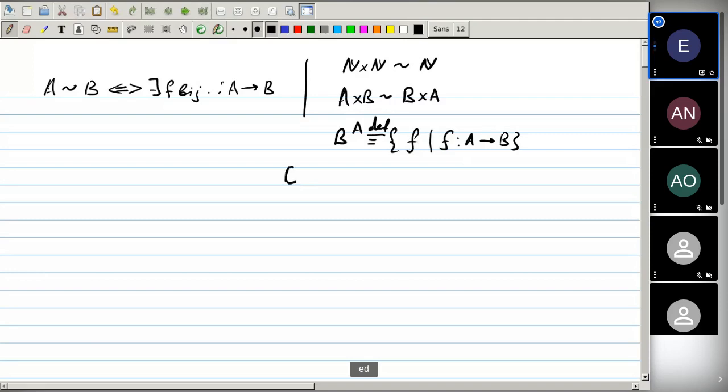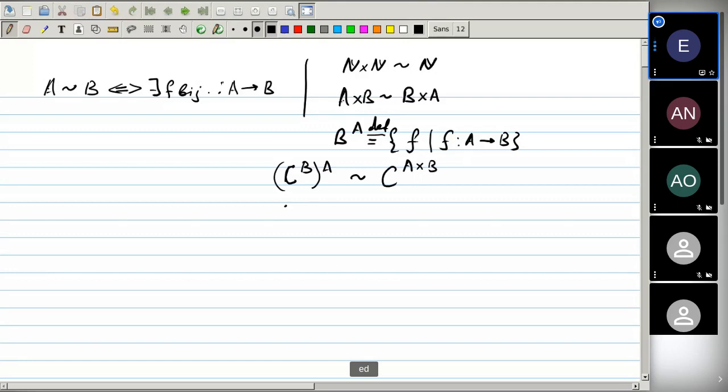For example, if you have C to the power B to the power A, this set is equivalent to C to the power B cross A.